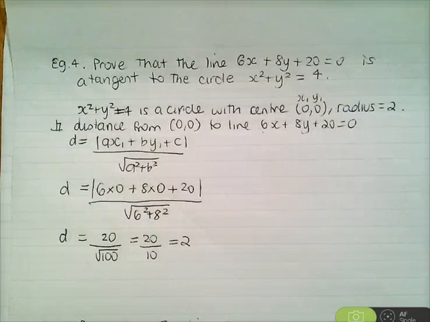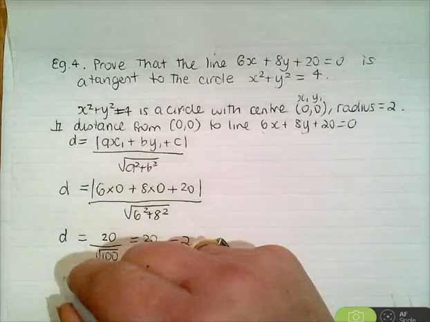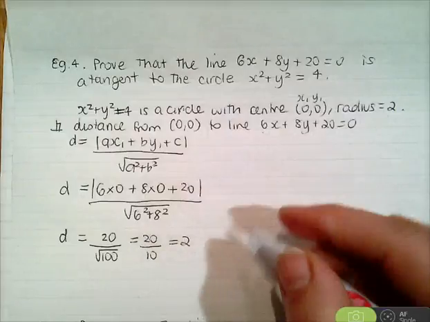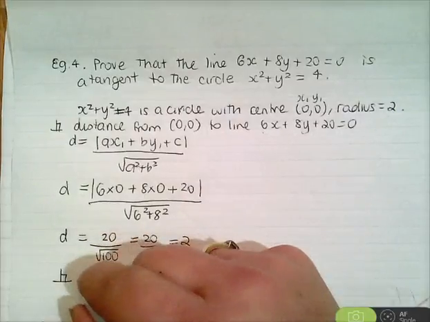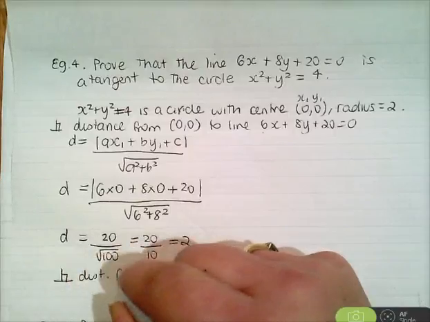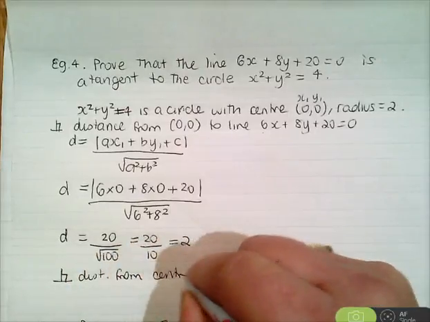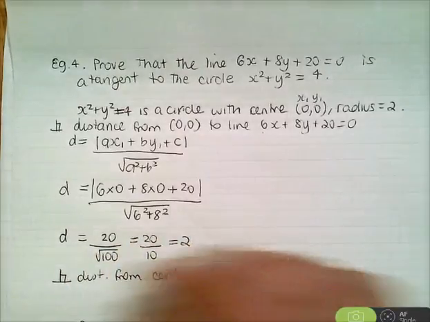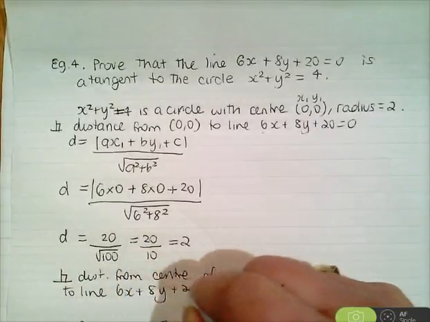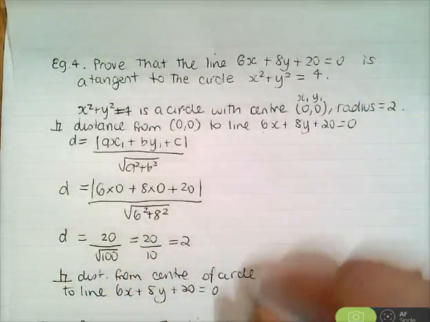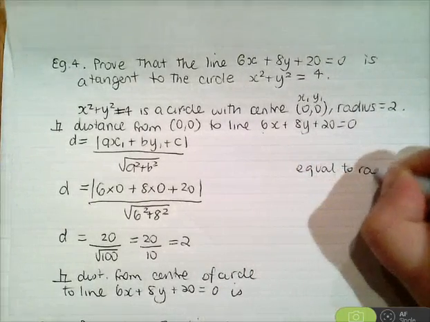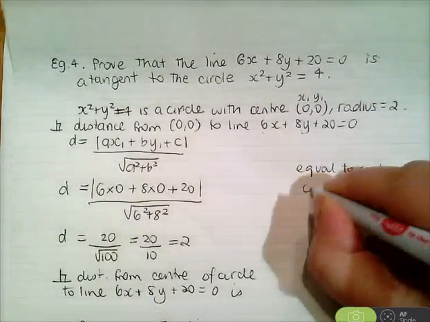So that means that the perpendicular distance from the centre of the circle to the line 6x plus 8y plus 20 equals 0 is equal to the radius of the circle.